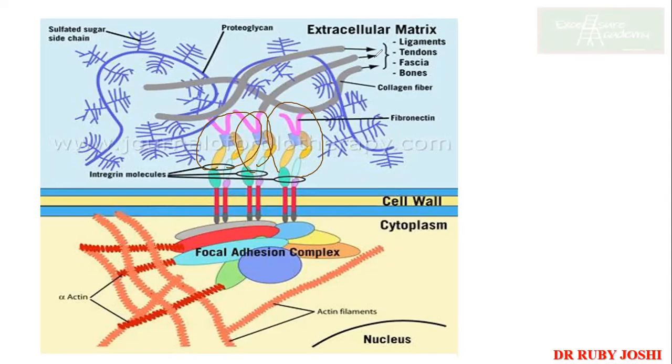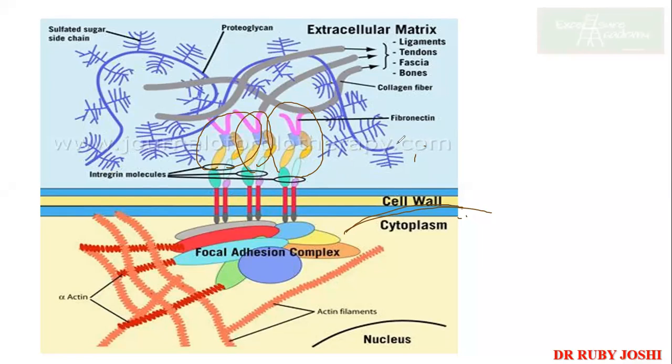Now, the question is coming: if the cell is there, and here you have got the extracellular matrix, and suppose the cell wants to move, but it is all surrounded by this extracellular matrix, then how is it supposed to move?